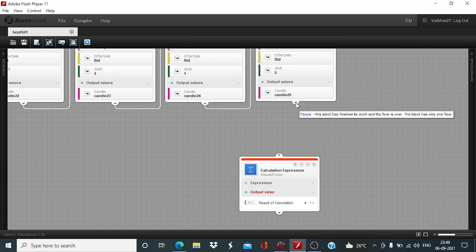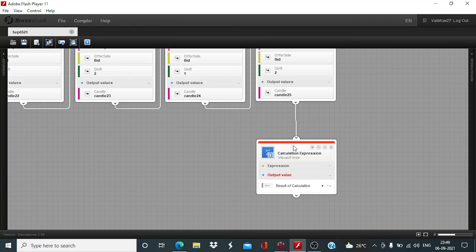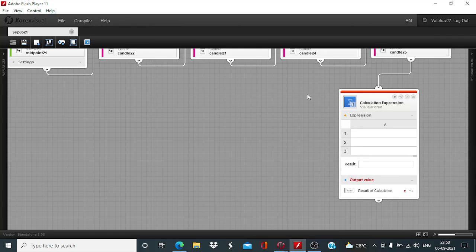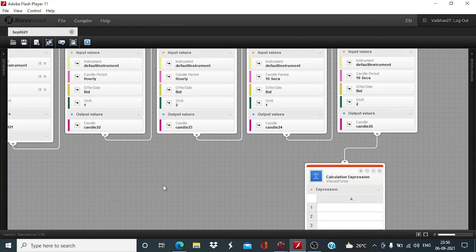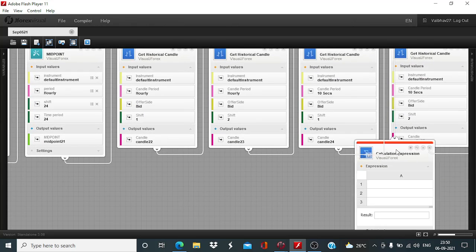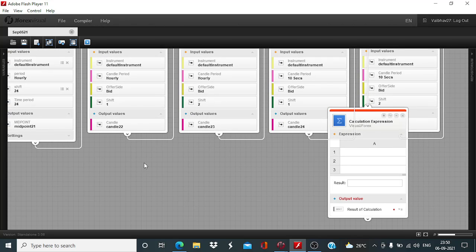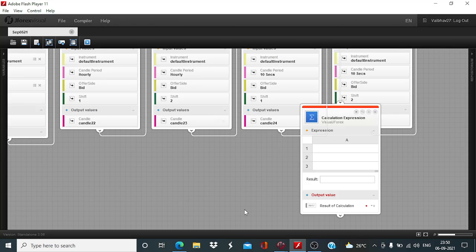I will join it here. Now we have to take this candle 23rd high price and deduct the candle 22nd closing value. So we will have this difference.